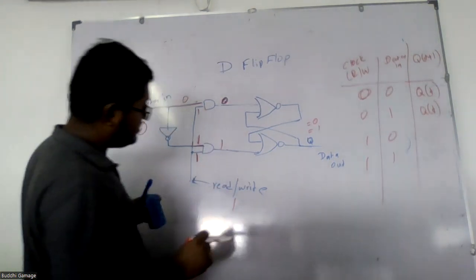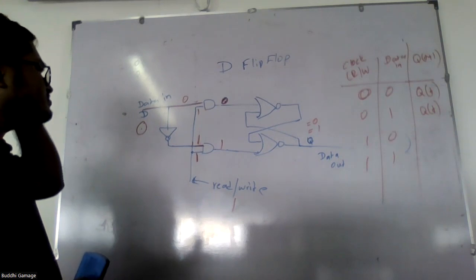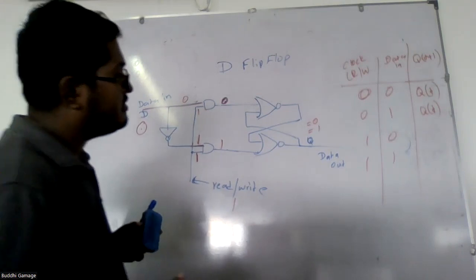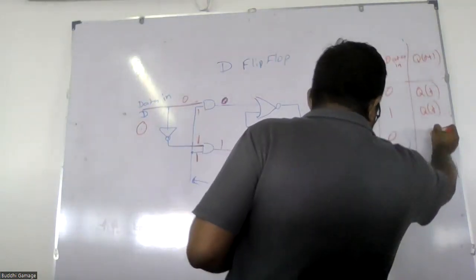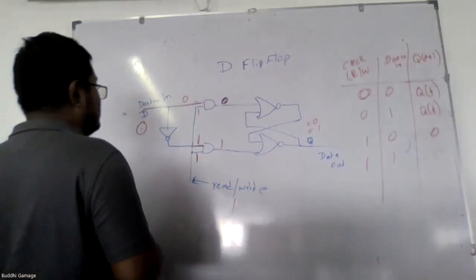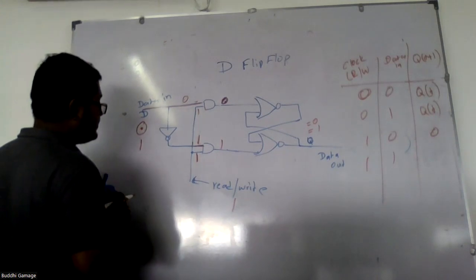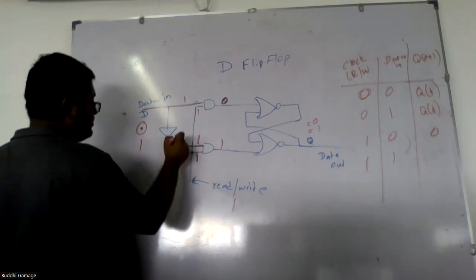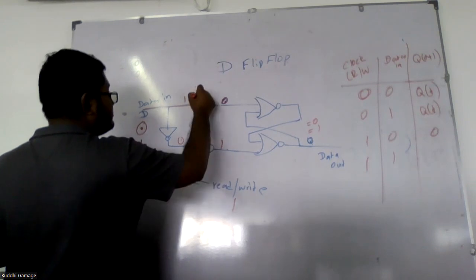So 0, 1 means the reset state. That means the value is 0. And if it is 1, the value is 1, right? That means this is 1, and this is 0, and this is 1.